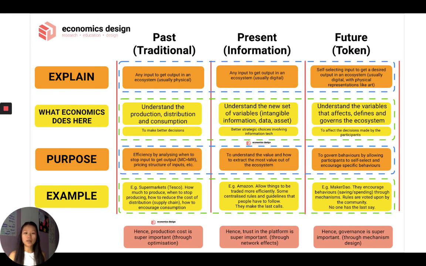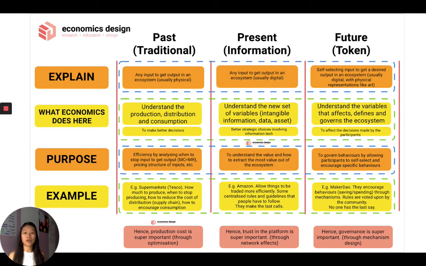With information economics, we want to understand the value and how to extract the most value out of your ecosystem. So we talked about the participants, network externalities, and partners, and how you extract the most value out of them. And token economics is to govern behaviors by allowing the participants to self-select and encouraging specific behaviors.